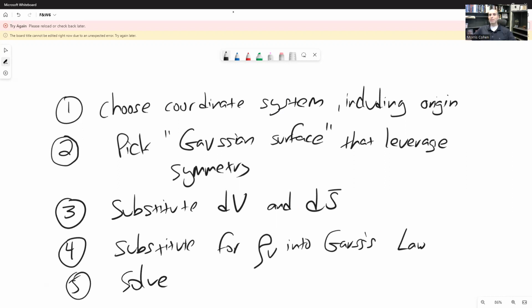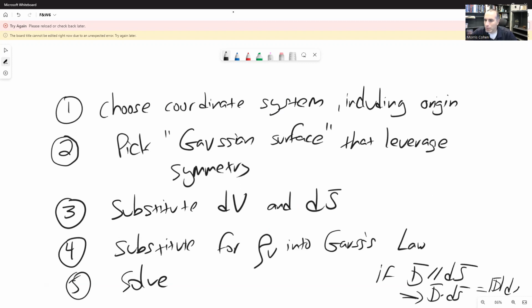If you open up any physics textbook, they'll probably walk you through these steps, and they'll have a couple of examples. As a simple example, if D is parallel to dS, then that implies that D dot dS equals just the magnitude of D times dS.